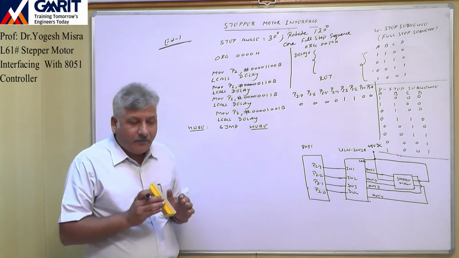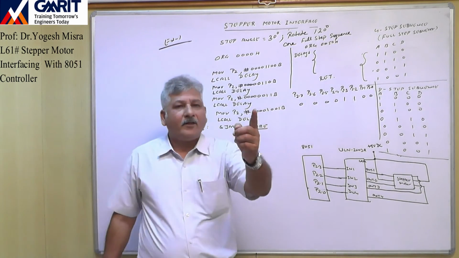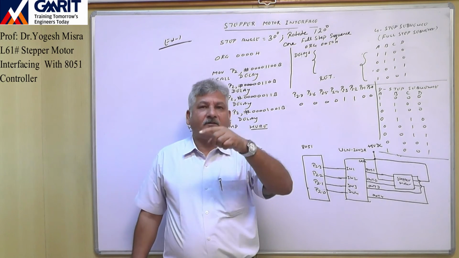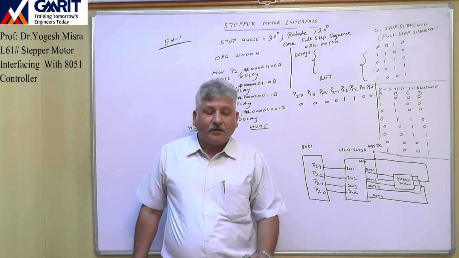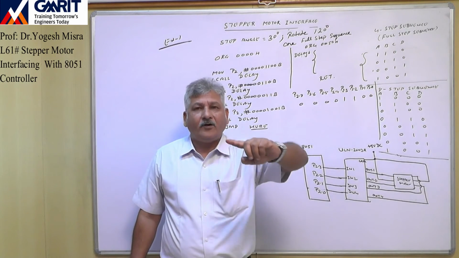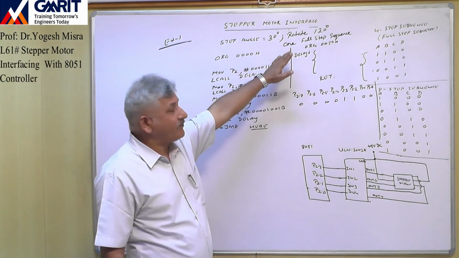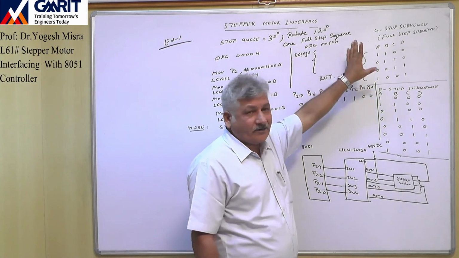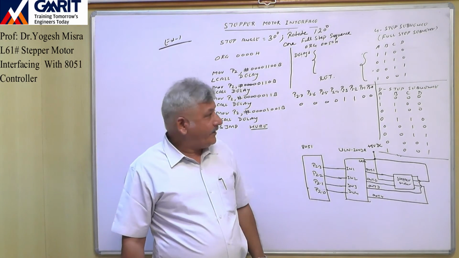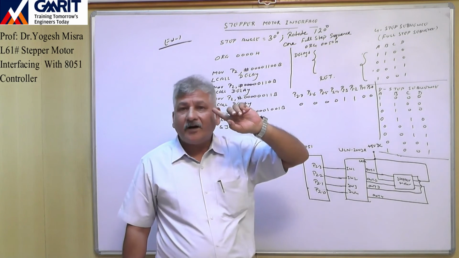Now in our application, suppose we want to rotate the motor one complete revolution, 360 degree rotation. We will use the same 4-step full step sequence. In one full step sequence, the motor rotates 120 degree.